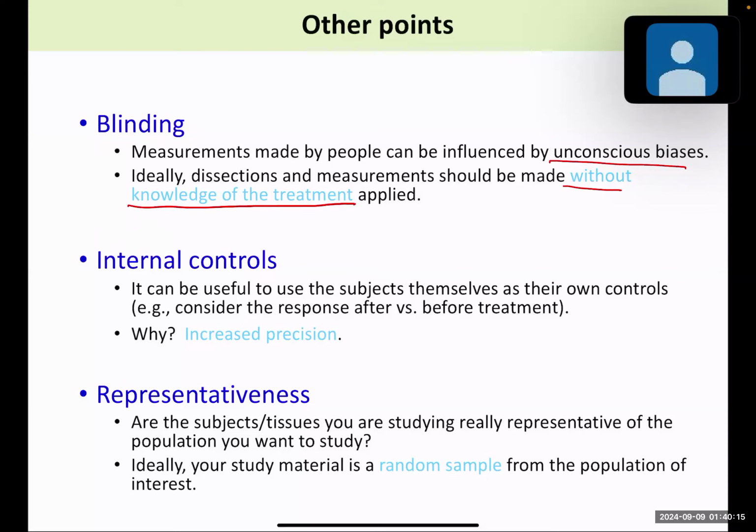So for example, let's assume that you're growing different groups of bacteria, and then you know that the bacteria that grows better is more probable to give better results. So you only select bacteria that is growing better. So that should be avoided, because you should not know the treatments applied before getting the final data.